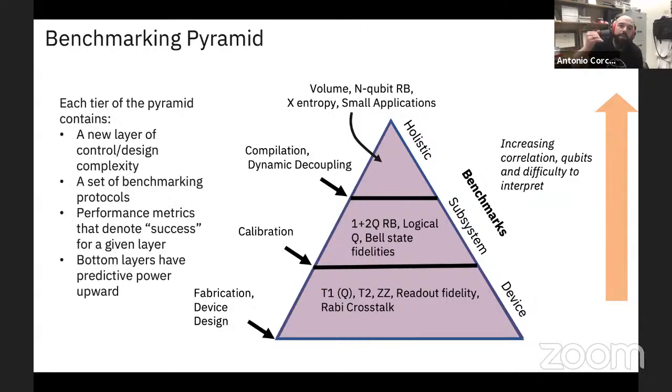But then you have the next step in the hierarchy, where you have a set of benchmarks that tell you about how well your gates perform, what the dependence on calibrations is, and so on. And then at the top of the pyramid, you have what we call holistic benchmarks.